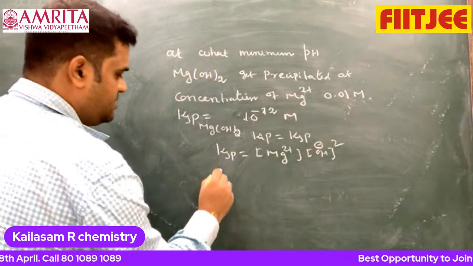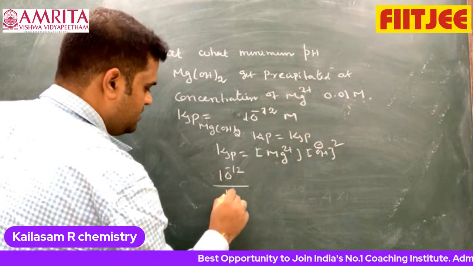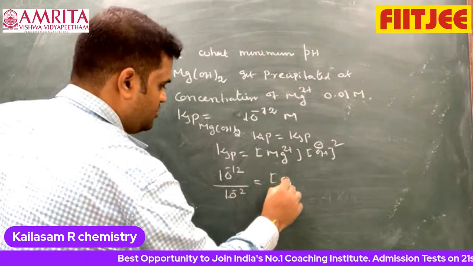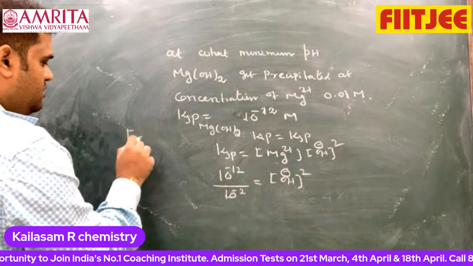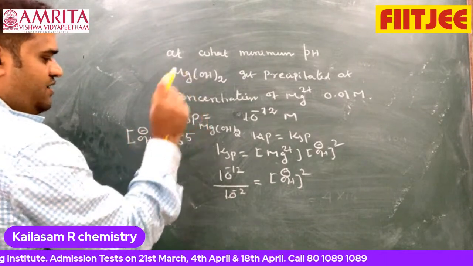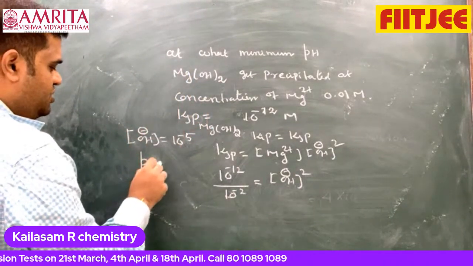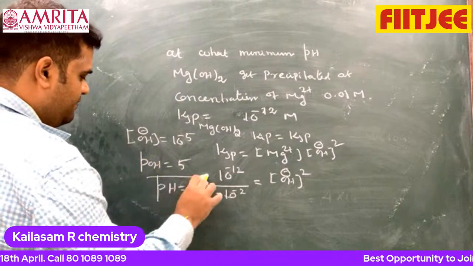Ksp is 10 power minus 12, Mg2+ is 10 power minus 2, into OH minus square. So OH minus is 10 power minus 5. Therefore, pOH is equal to 5 and pH is 9.